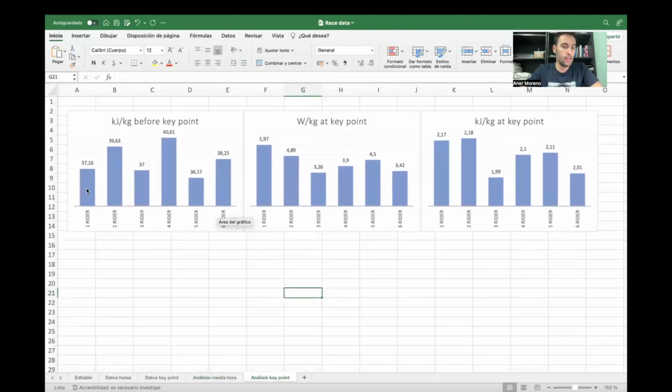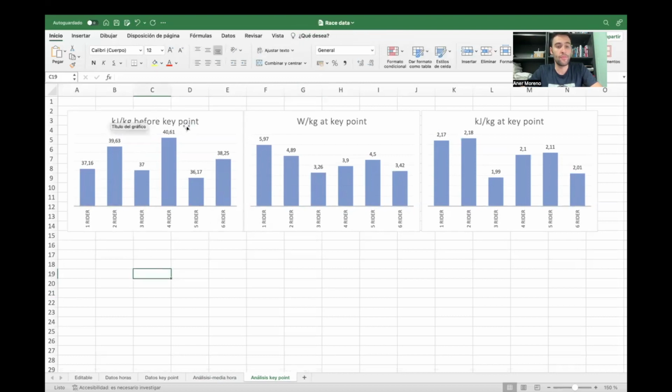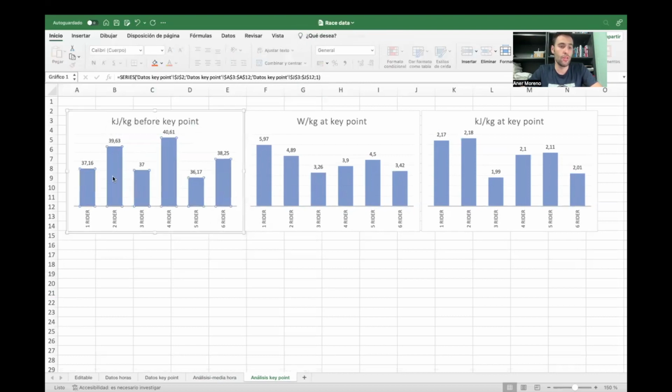race. The first rider was the leader, so he has spent less kilojoules per kilogram before the key point. Also, the second and third riders are the ones supporting this one, but also the fifth one, we are looking, maybe he has spent less than the other ones.